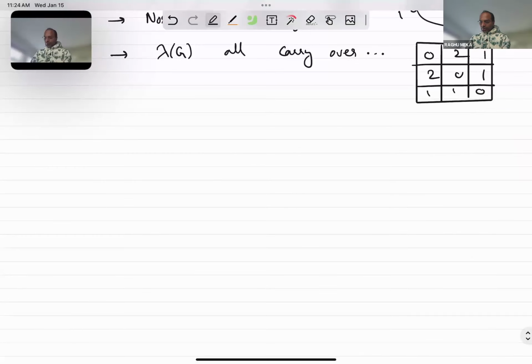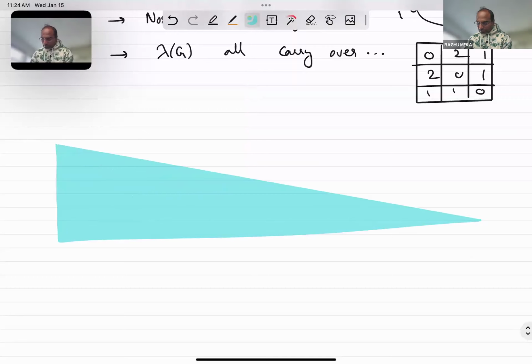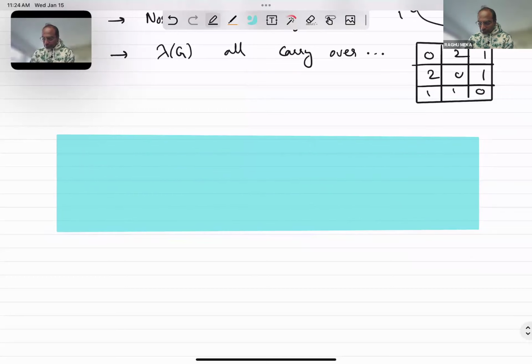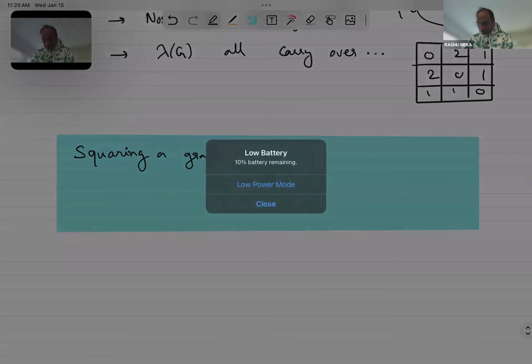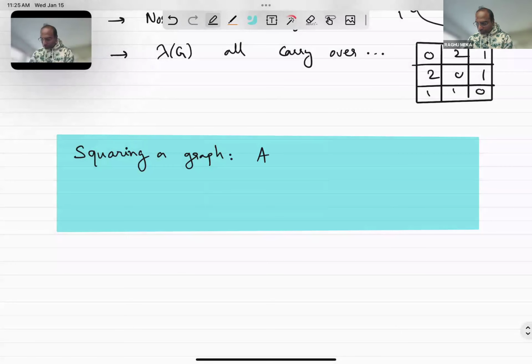So what is squaring a graph? We're going to add a lot of new edges.